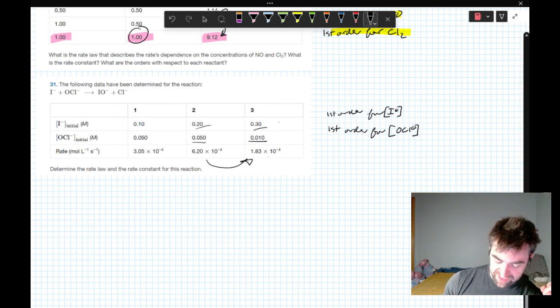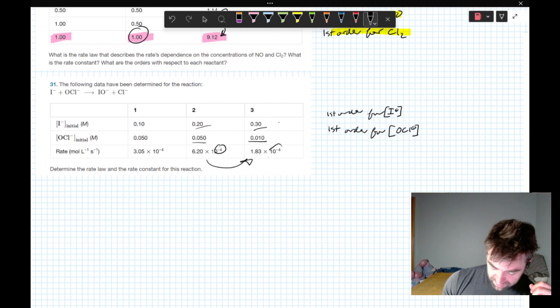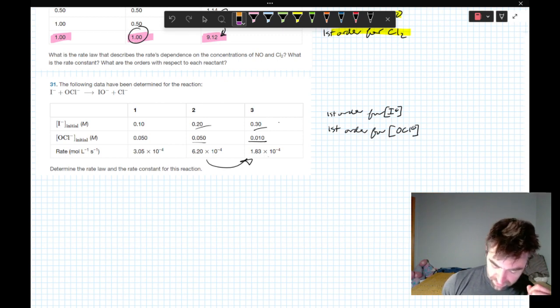right? If we simply divided 6.2 times 10 to the negative 4 by 5, we would get something close to 1 times 10 to the negative 4. So there's no drastic change there, which gives me the impression that it's a first order reaction with respect to that reactant.